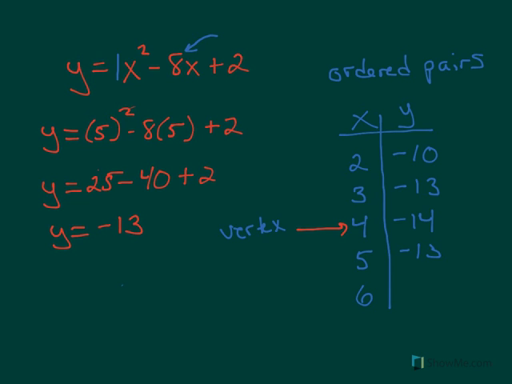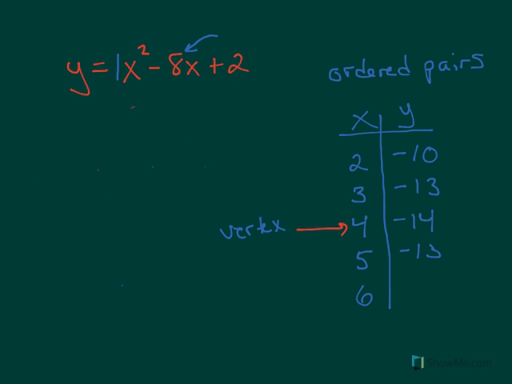And then the last one, when x is 6. So we'll say y equals x squared, and x is 6 in this case, minus 8 times 6 plus 2.